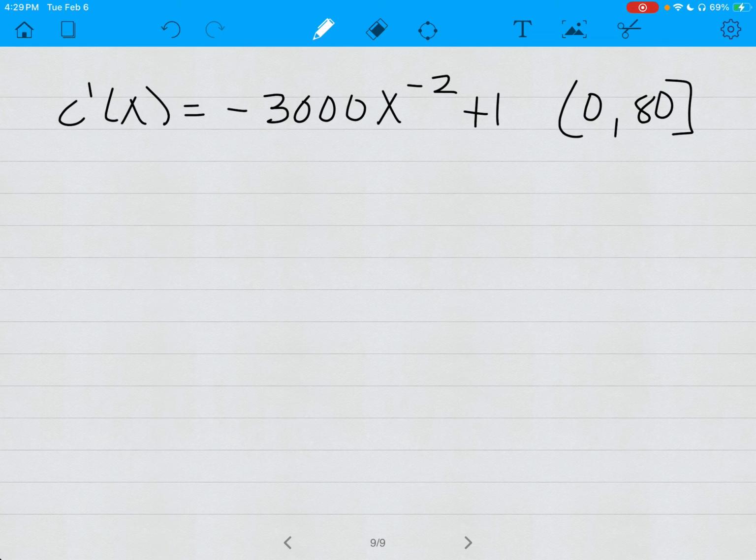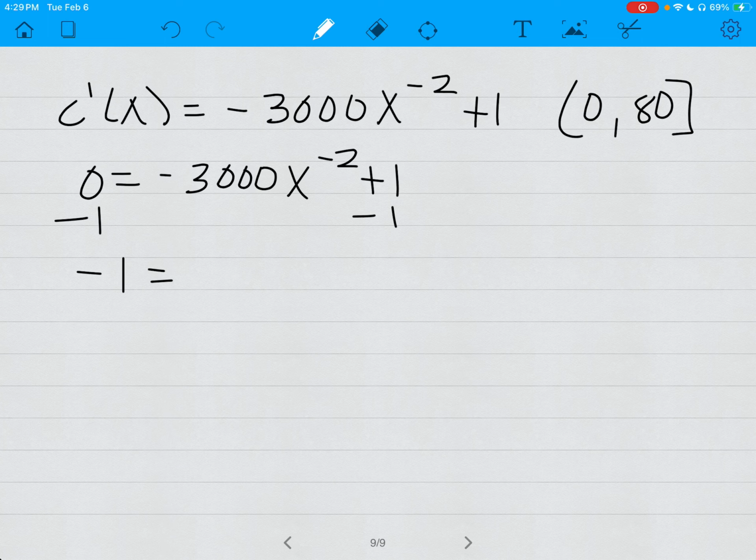Okay, continuing with our process for finding a critical point, we're going to set this equal to 0 and solve for x. Going to subtract 1 from both sides.